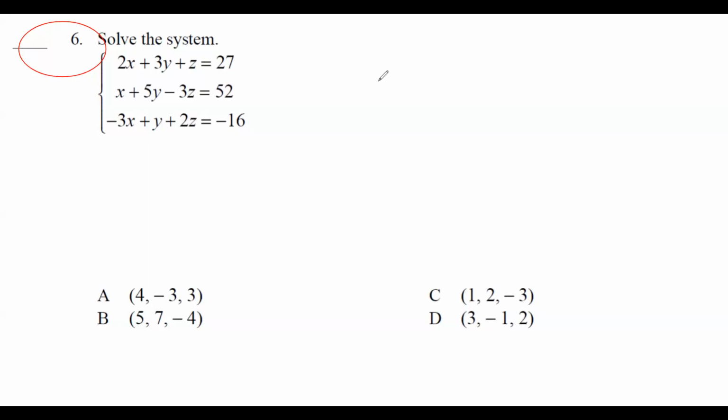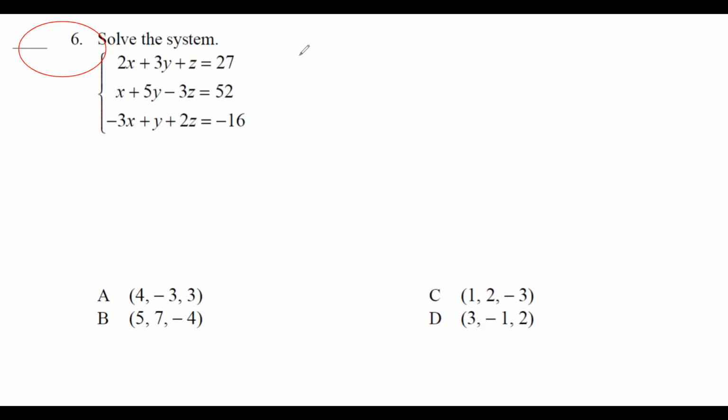All right. Now, number 6 is a beautiful system of equations with 3 variables. If you remember how to do systems of equations, we can solve either by graphing, eliminating, or substituting. It's all up to us how we want to proceed. However, whenever we have 3 variables, the easiest step is to do elimination.